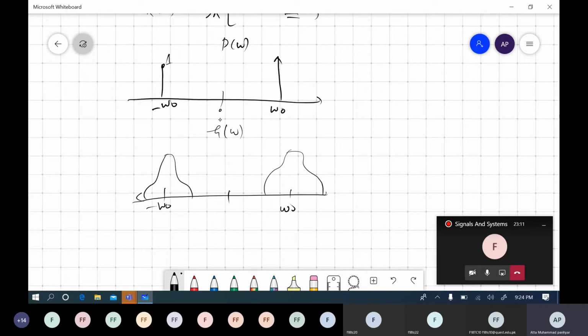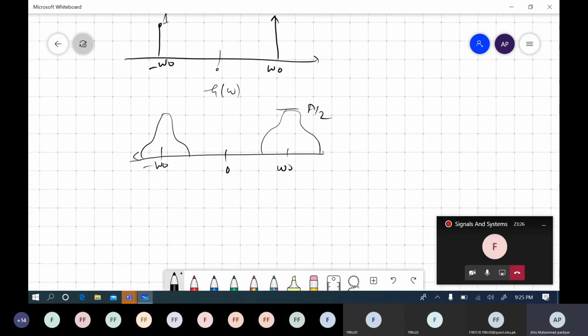This is origin 0. Now if you convolve these two signals, then what would you get? You flip one signal and then compute the output, right? Now the output of this was maximum A by 2, right? And you remember, R of omega must be equal to the convolution of G of omega with P of omega, right?